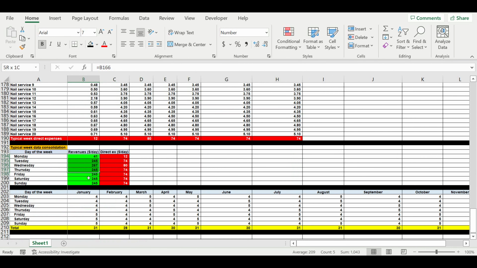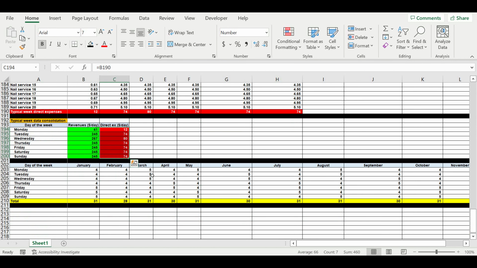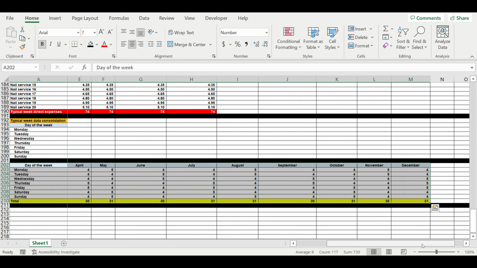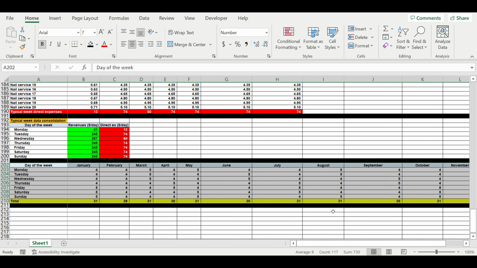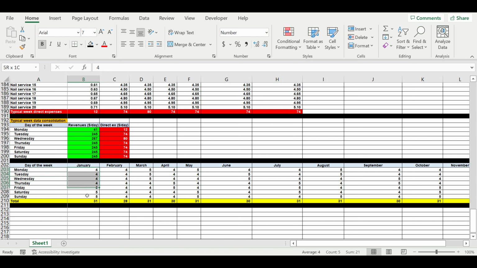Then we consolidated the data, the revenues by day and direct expenses by day, and I just copied the simple table and pasted it here, where 365 days of the year are divided between Mondays, Tuesdays, Wednesdays. So here we see how many Mondays in January, Tuesdays in January, to calculate the revenues of the typical year.